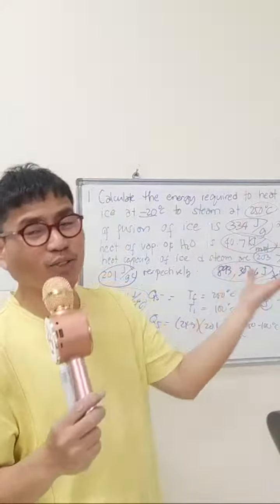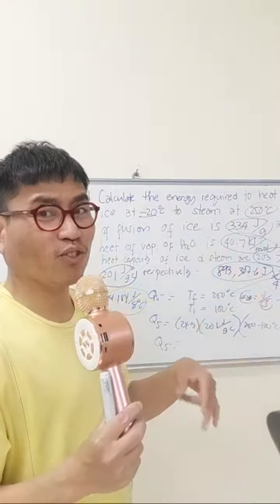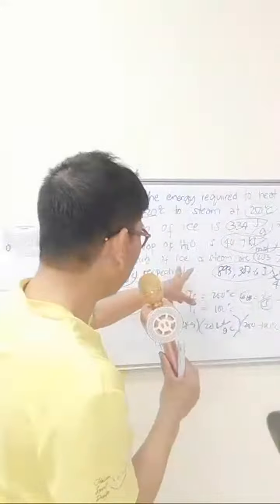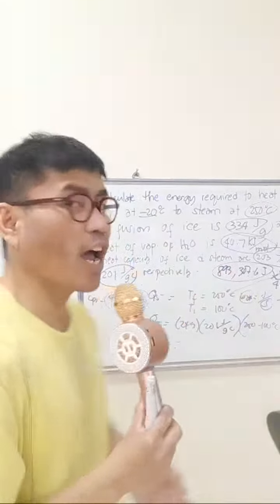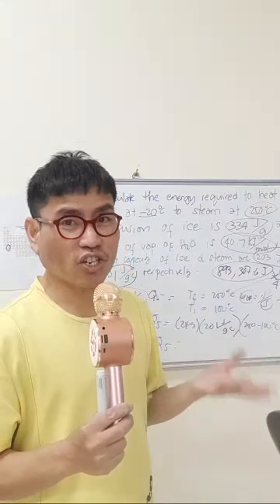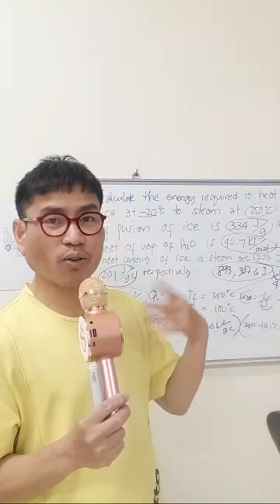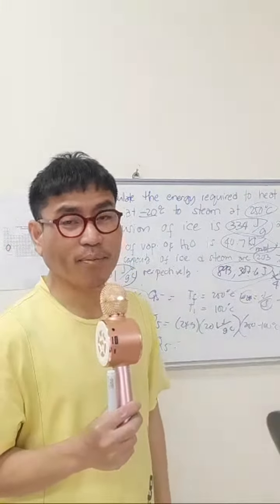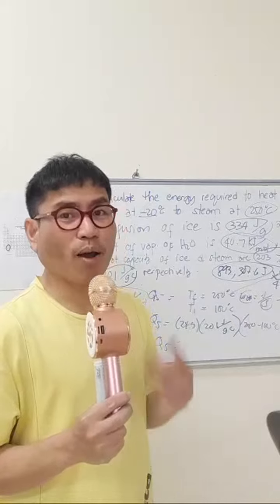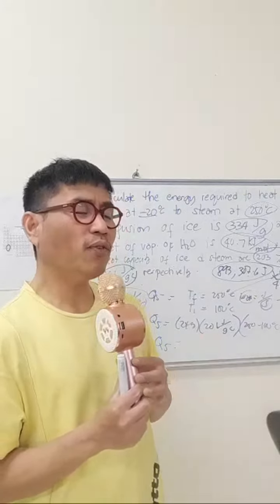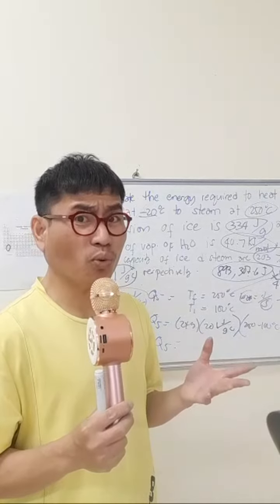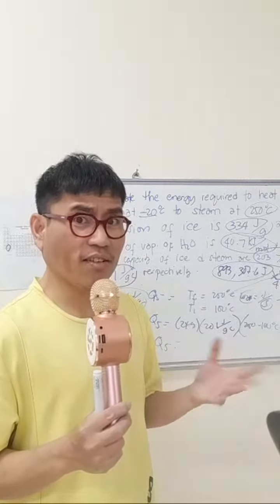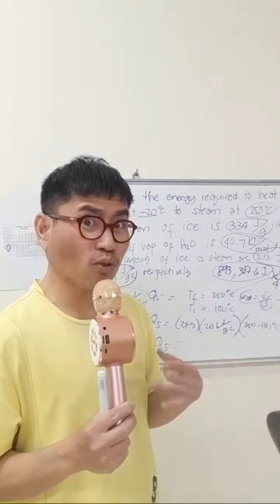So maybe I failed to write the correct unit when I wrote it, or maybe this is only a hypothetical question, just to learn how to do it. You get the point? Not a real-life problem. Because if you have hypothetical questions in the examination, it's not necessarily true to reality, just for the purpose of learning how to solve it correctly.